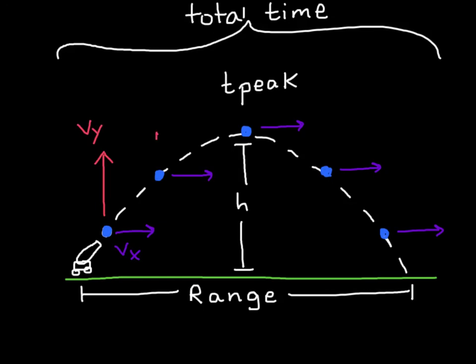And as the projectile rises, that velocity slows and your arrow gets smaller until at the very top, that split second before it starts to come down, Vy equals 0. Then on the downside, Vy starts off small and gets larger because the projectile is being accelerated by gravity.